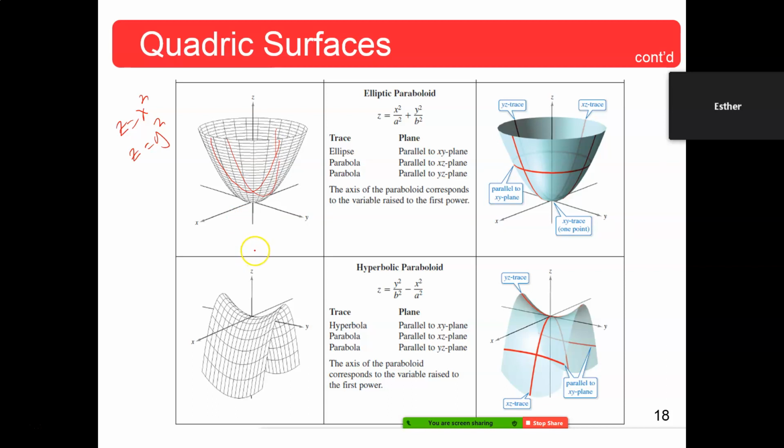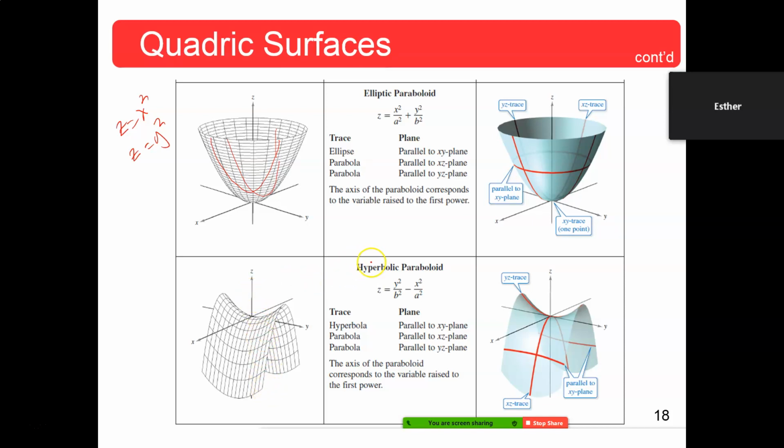That's why it's called a paraboloid. Now, by the way, these two are pluses, and the pluses indicate ellipses. When you have the Z over here, in a sense it's kind of like the axis.